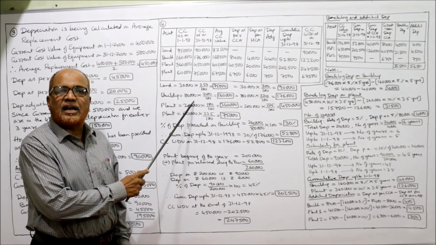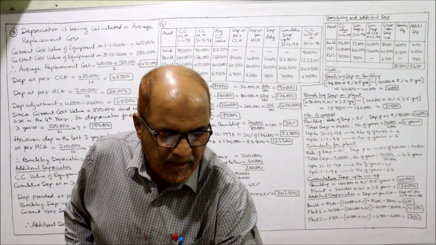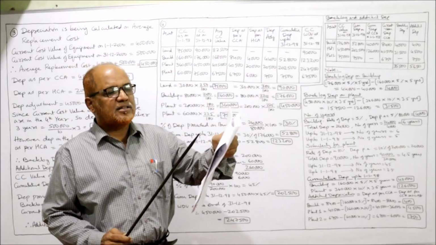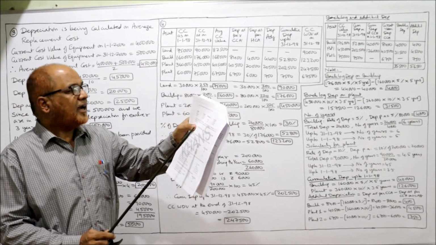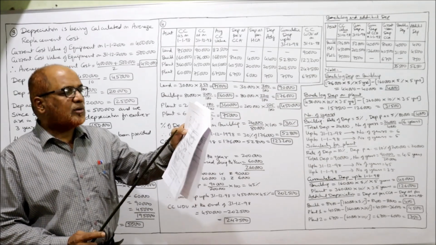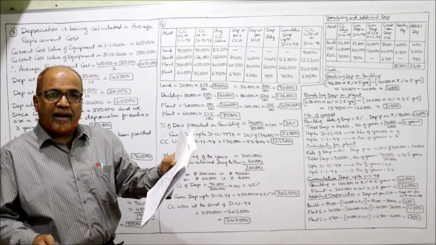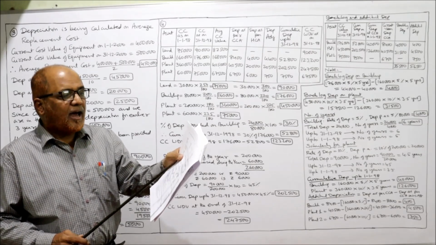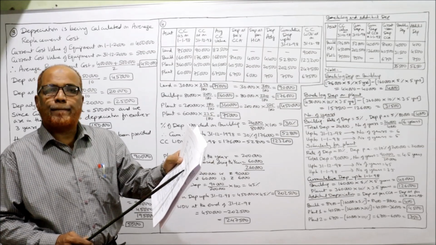Now we multiply with the correction factor. The end of the year index number for land is 300, and at the time of acquisition its value was 100. And on 1st January 1998, the beginning of the year, it is 250.